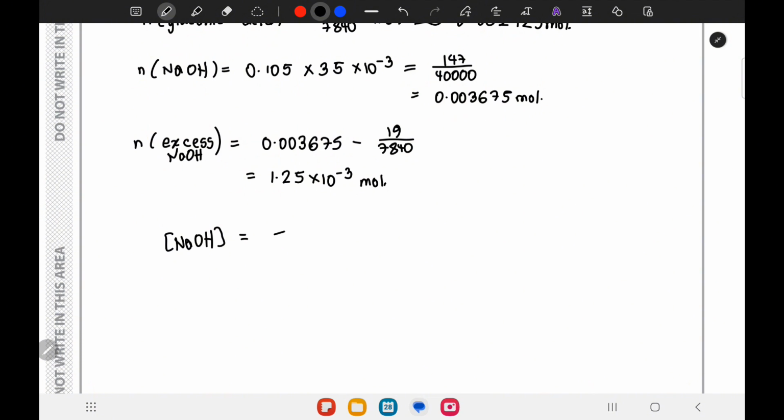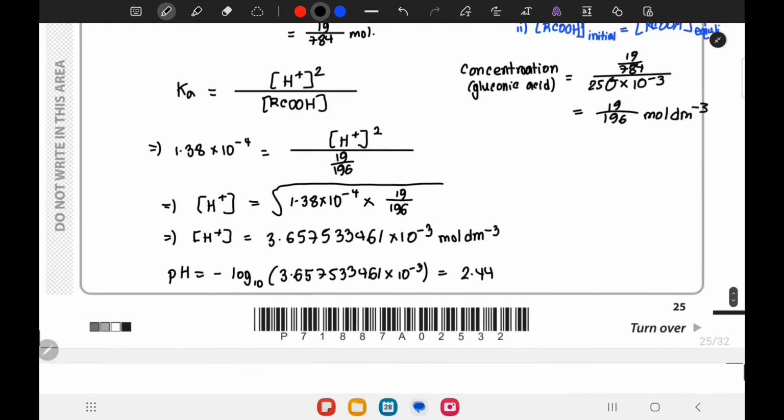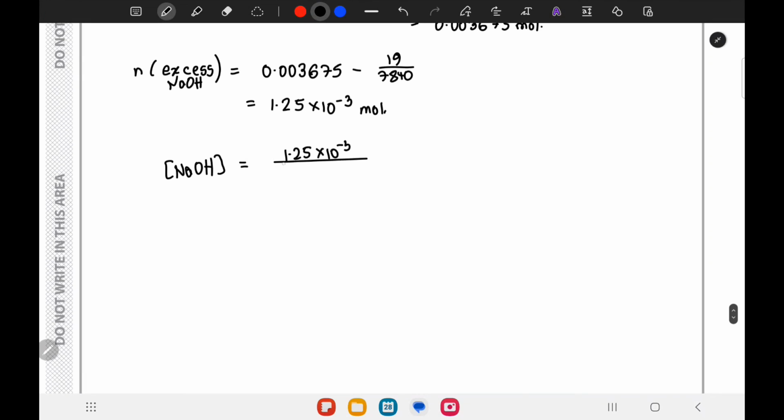We have the total number of moles, 1.25 × 10^-3, in 35 cm³ of sodium hydroxide plus 25 cm³ of gluconic acid. So we have 35 plus 25, and now I'll change it into dm³ by multiplying by 10^-3. I'll get 0.02086 mol per dm³.